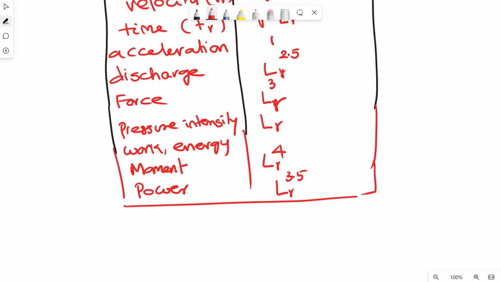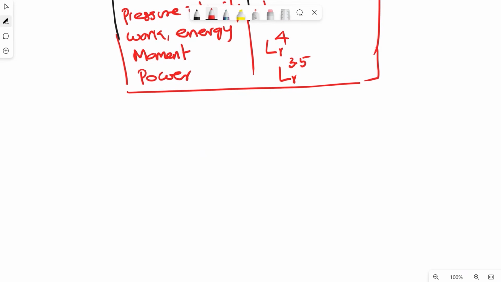Now, based on this, many problems can be solved using Froude's model law. One problem I will take up.